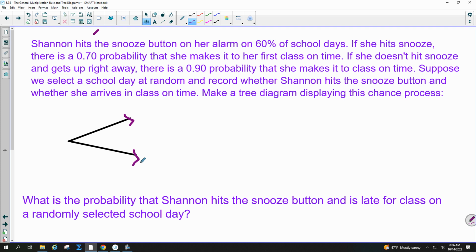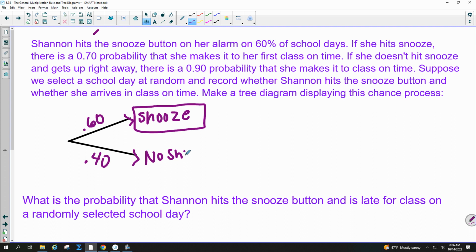All right, so we start with she either hits snooze or she doesn't hit snooze. There is a 60% chance that she hits snooze. So you'd make 2 branches because she either hits snooze or she does not hit snooze. We always put the probability on the arrow like that, and then we put a little box around the word.